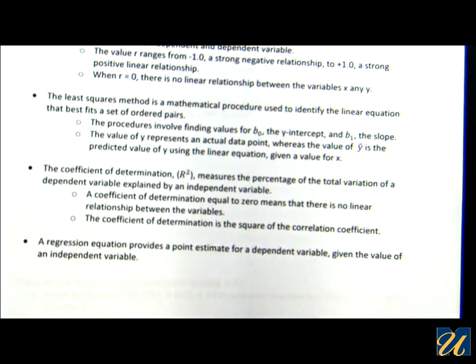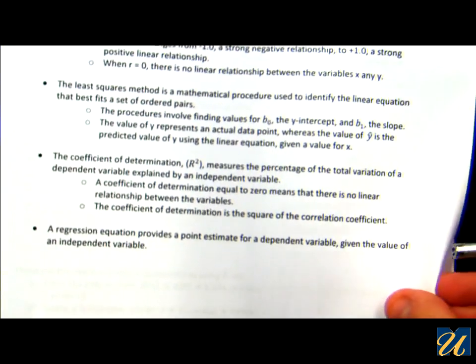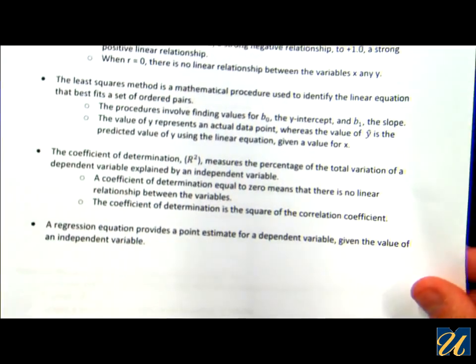So if you have the correlation coefficient R, by squaring it, you will be able to find the coefficient of determination, R squared, and of course, since it's a square, it takes values from 0 to 1. And once again, it is the percentage of the total variation of a dependent variable that is explained by the independent variable. A regression equation provides a point estimate for a dependent variable given the value of an independent variable.